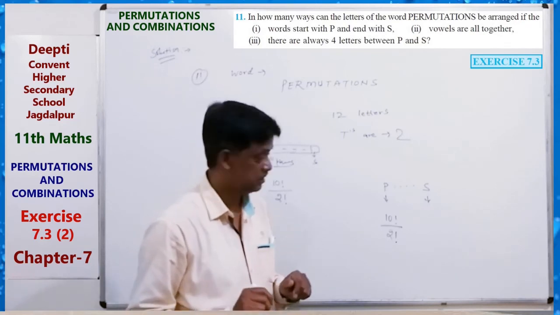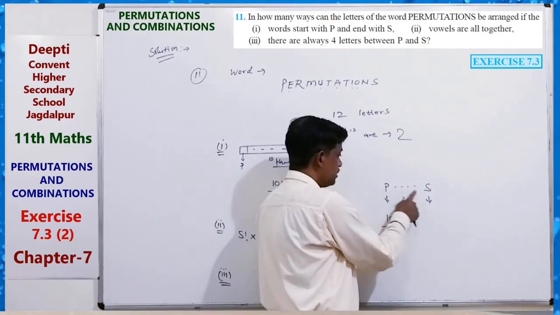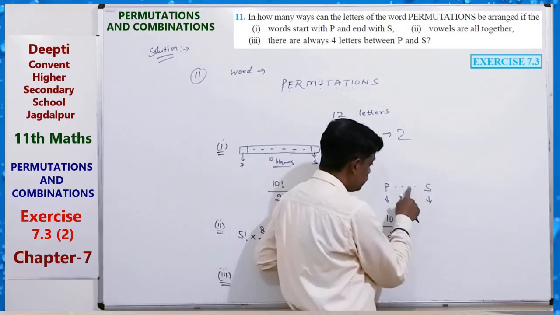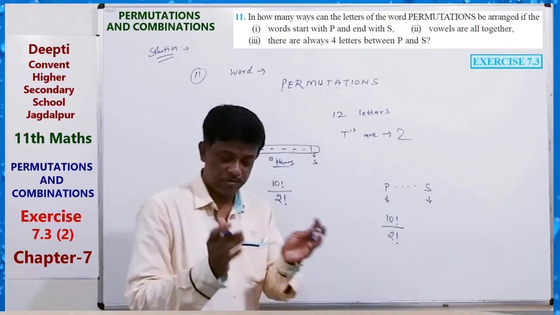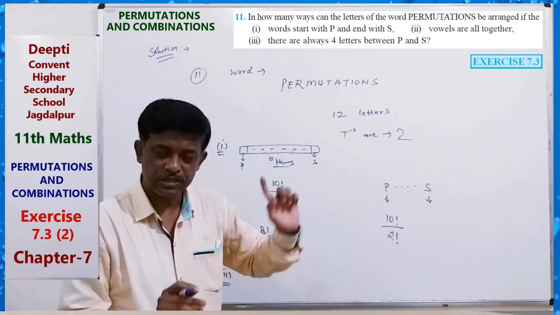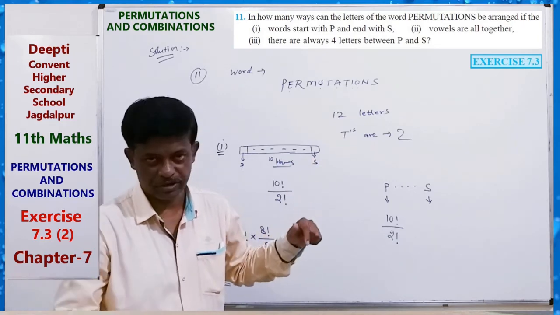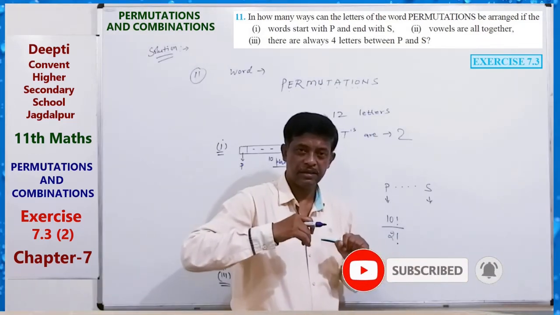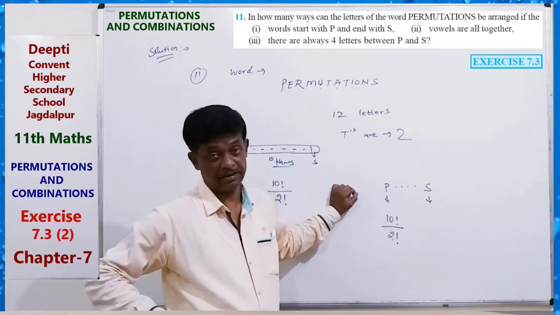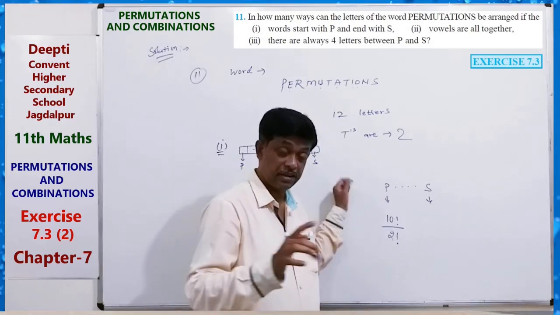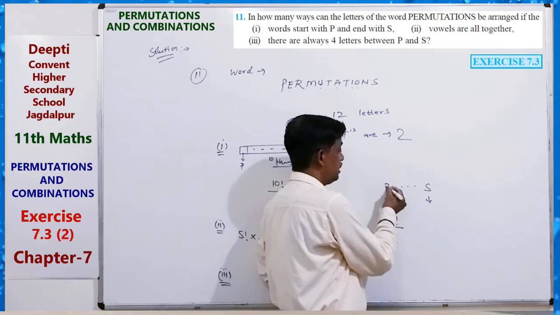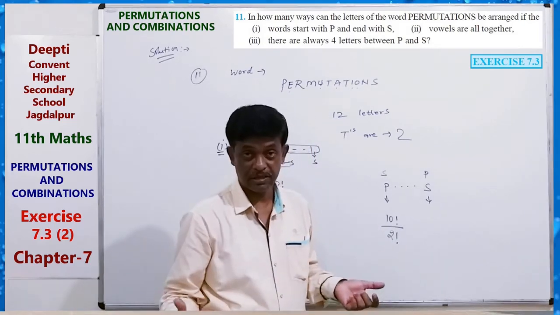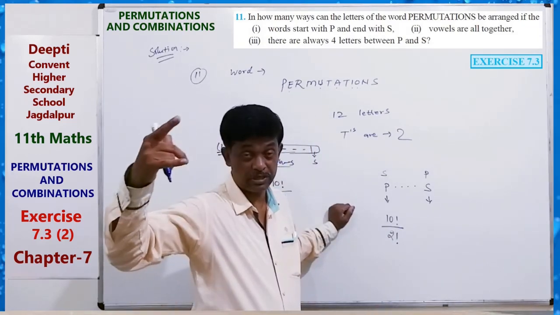If we fix these 4 letters in between, then P, the 4 letters and S, these 6 places form a single block. So 12 minus 6 plus 1 gives 7 positions. And either P comes first and S after, or S first and P after. Between P and S there are 4 letters, so 2 ways is also there.